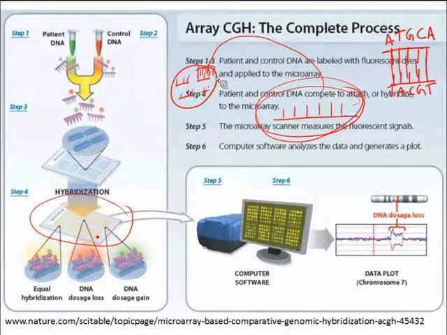And so maybe you have complete complementarity, maybe you've got a perfect match, but you might have a case where maybe this G is actually a C, or maybe it's a T, and you still do get some binding. And that's actually a good thing about biology.